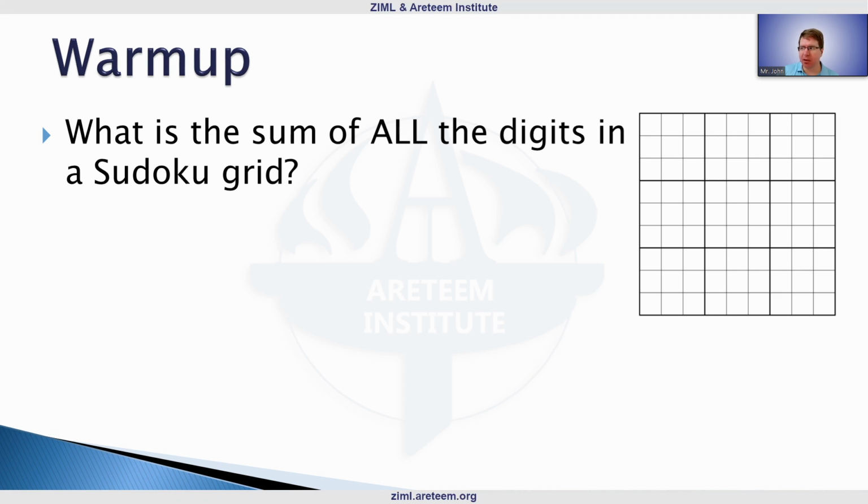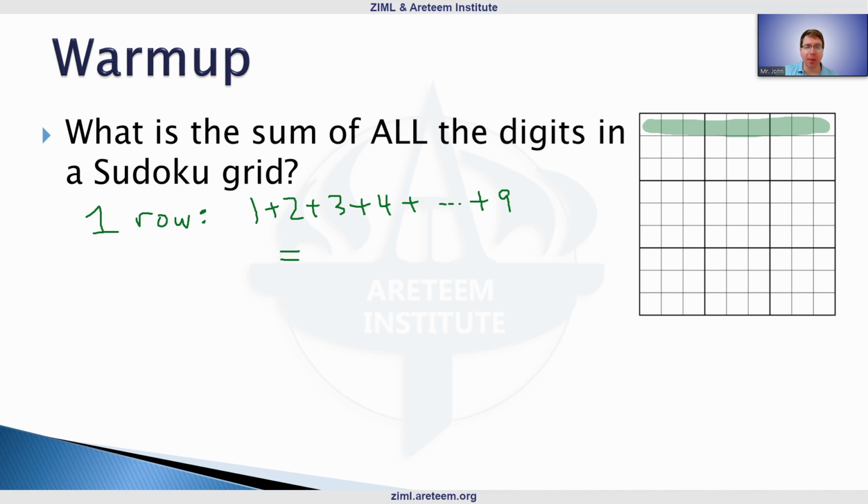And just because it appeared first, let's think about a row again in this case. So what happens in one single row that we have? Well, one row, remember, has to have the digits 1 through 9, each of them appearing once because there are 9 total digits there. So we have 1 plus 2 plus 3 plus 4 all the way up to plus 9 in that scenario.